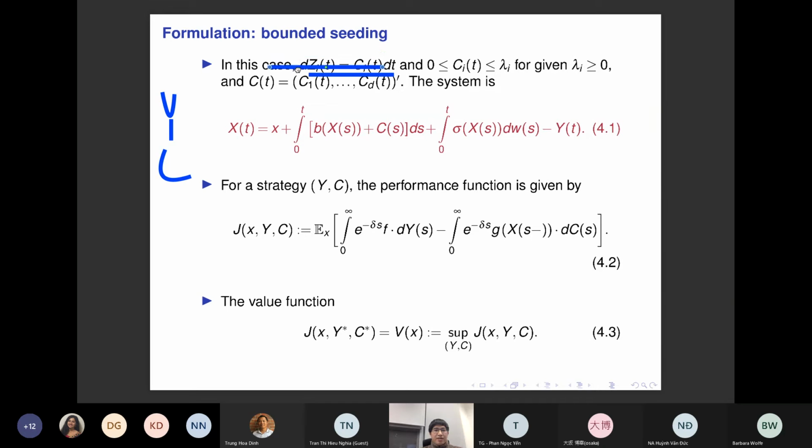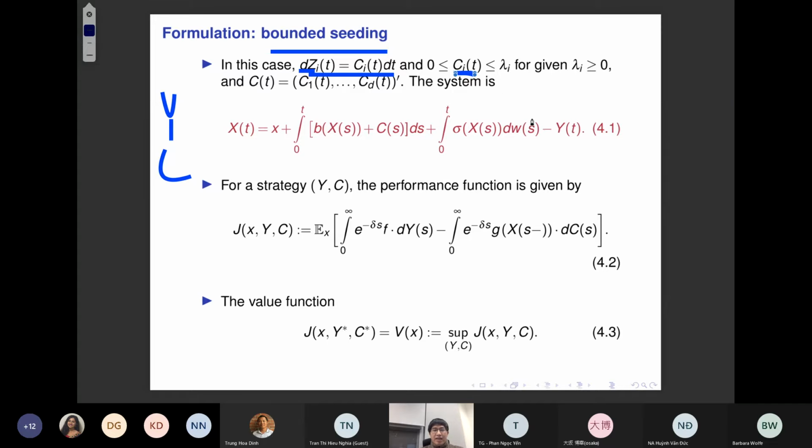So c_i(t) is the seeding rate, and the seeding rate is non-negative but less than or equal to lambda_i, for given lambda_i.